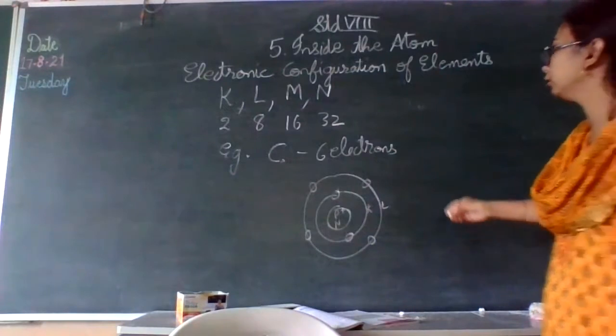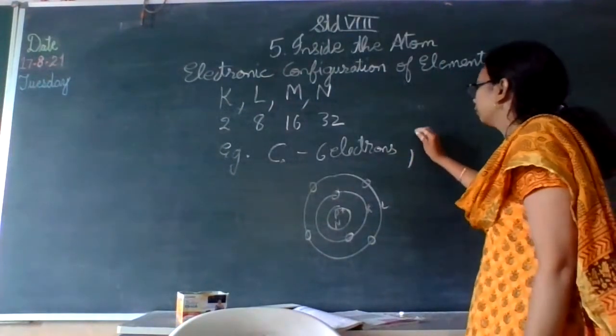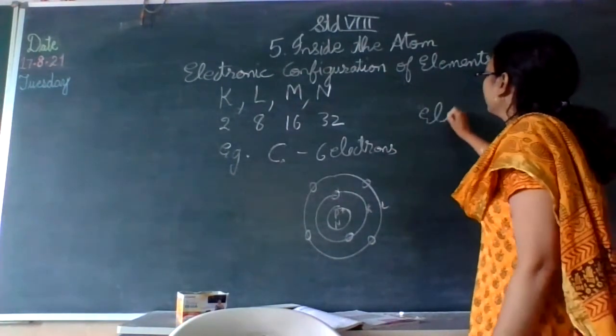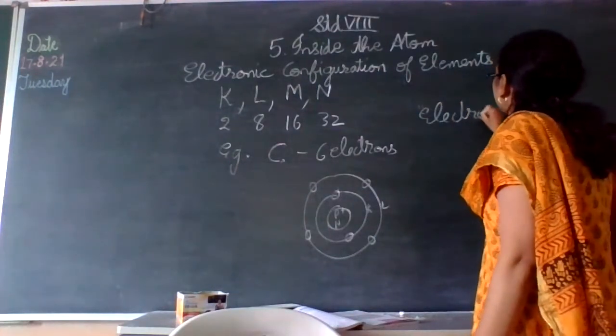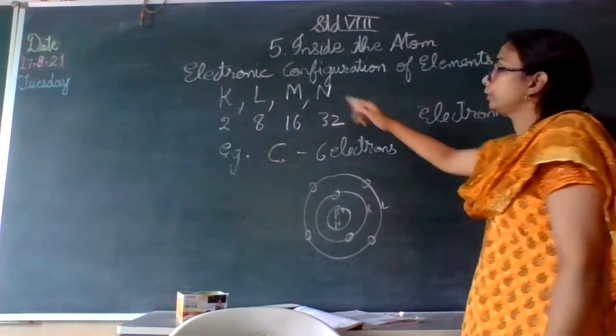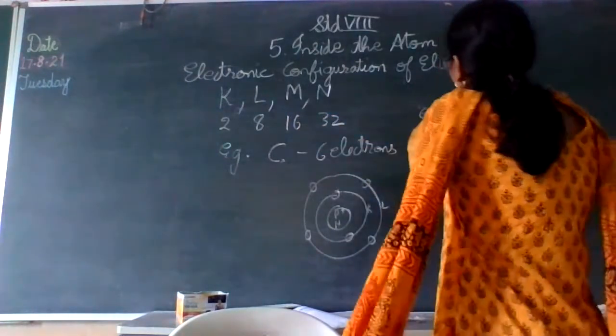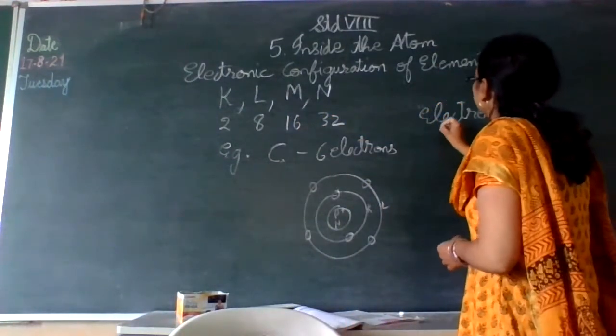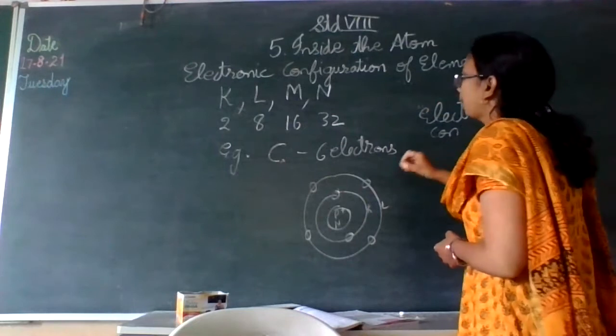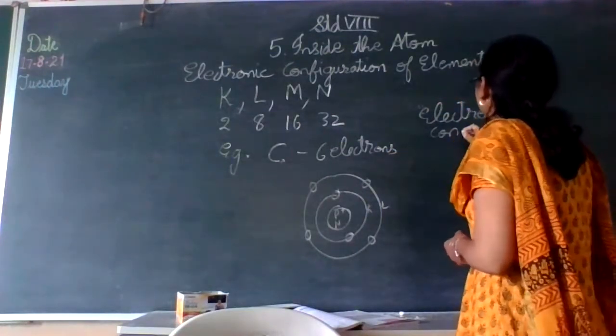How to write this electronic configuration? Electronic configuration is written by just putting a comma between the capacity of every shell.